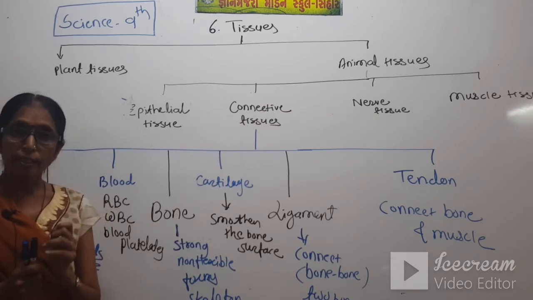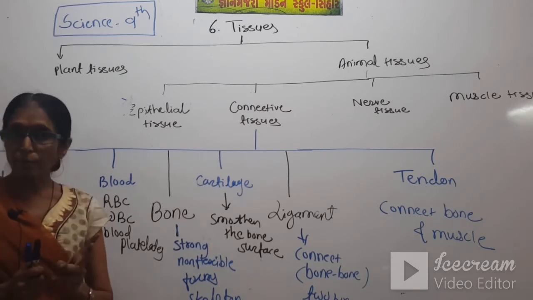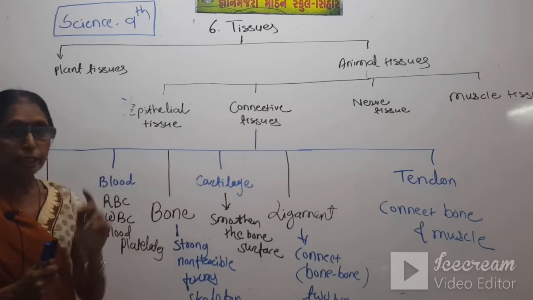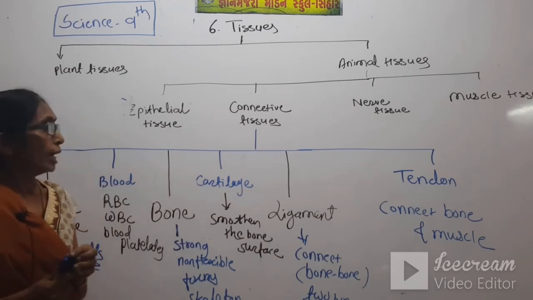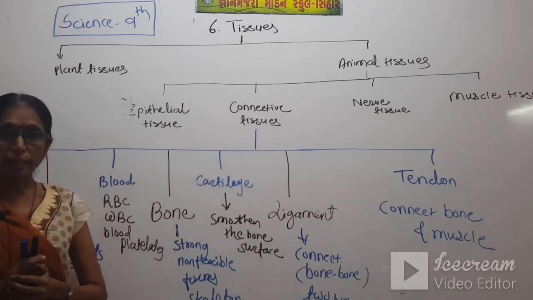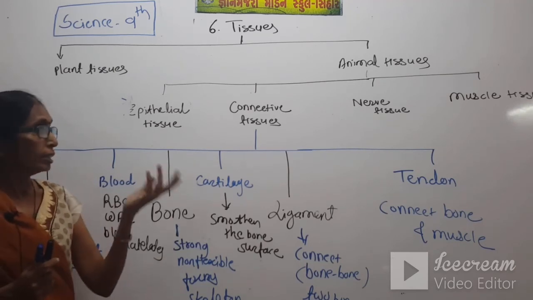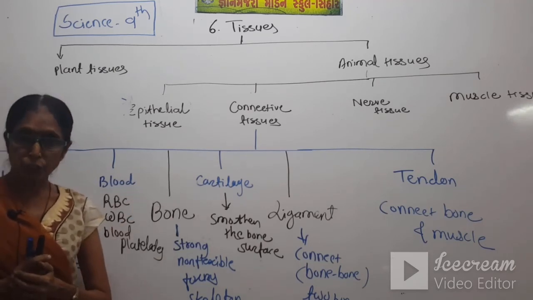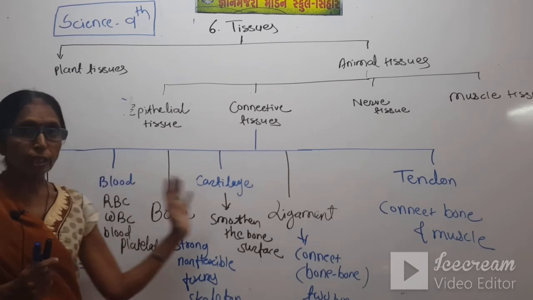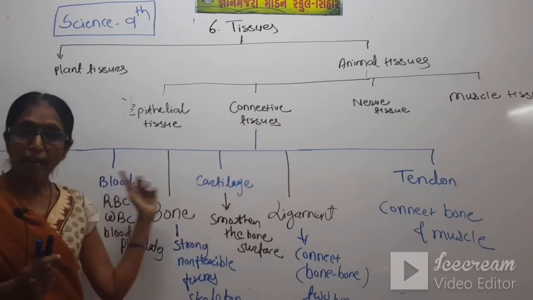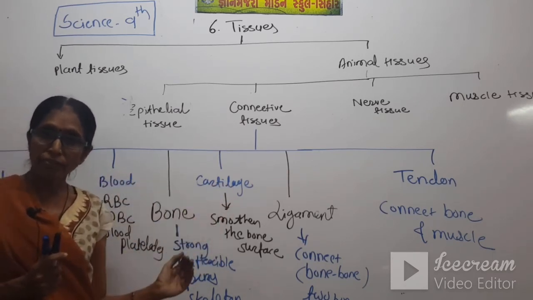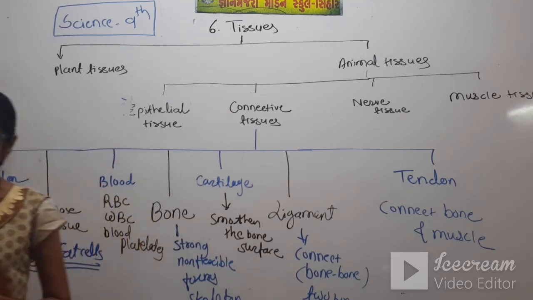Today we have learned about 2 types of animal tissues, epithelial tissues and connective tissues. 2 more types are left, nerve tissue and muscle tissues. Okay, so just note down these, students. It's very important and it is enough for your study. I am giving you 2 minutes.